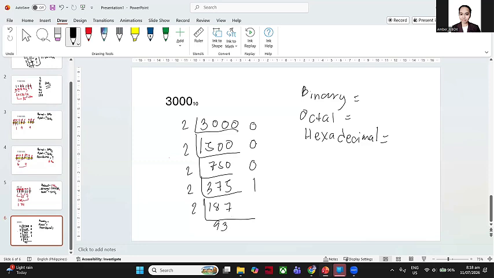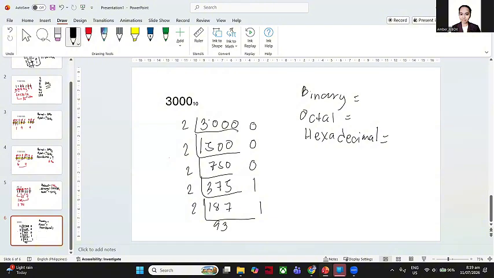Let's check: 93 times 2 is 186. 187 minus 186 is 1. So the remainder is 1.